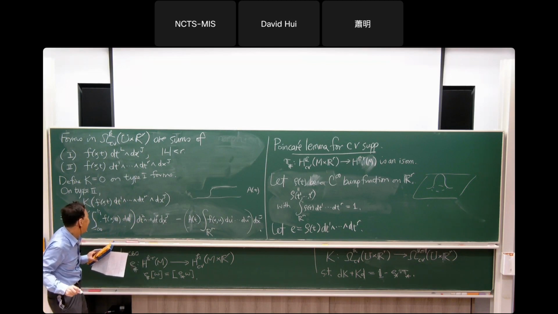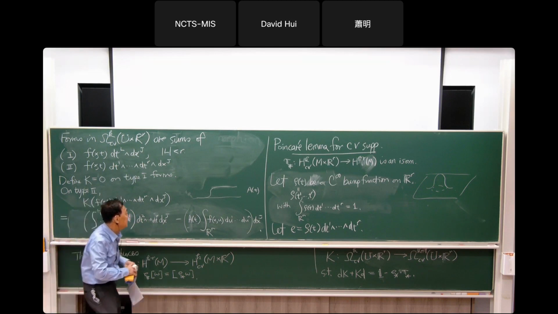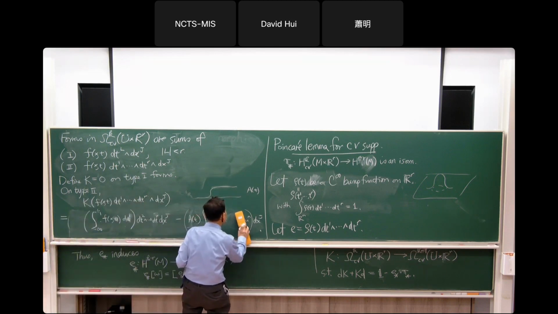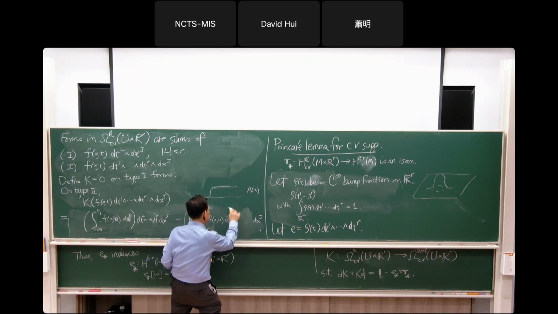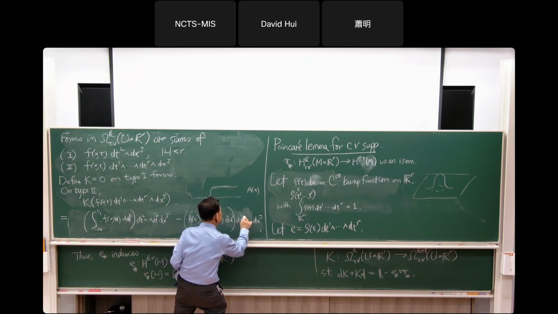And then here we would just do the first one and go from minus infinity to infinity, and then dt_2 wedge ... wedge dt_r.